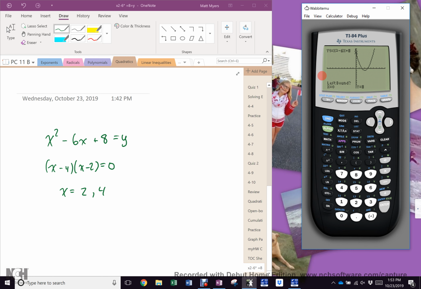I am seeking the value where x is 0, yes? So I must be looking at this graph. I need a left boundary of where I'm going to look. So do I need to be left or right of the point I care about? I want a left boundary. Where should I be? On the left of the point I care about, correct?